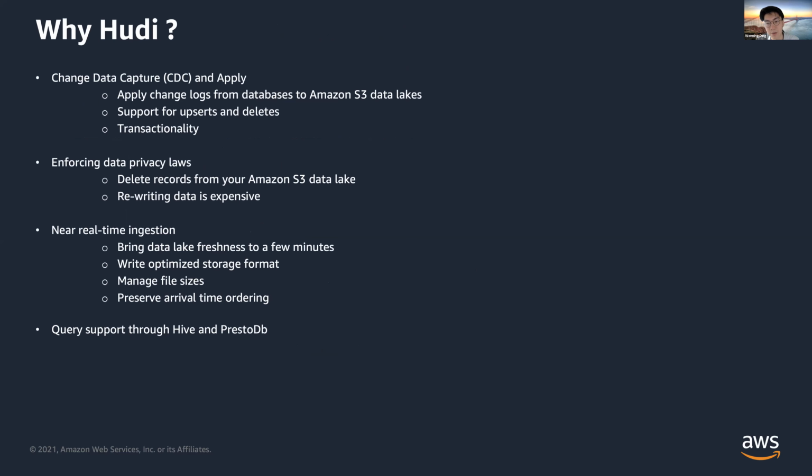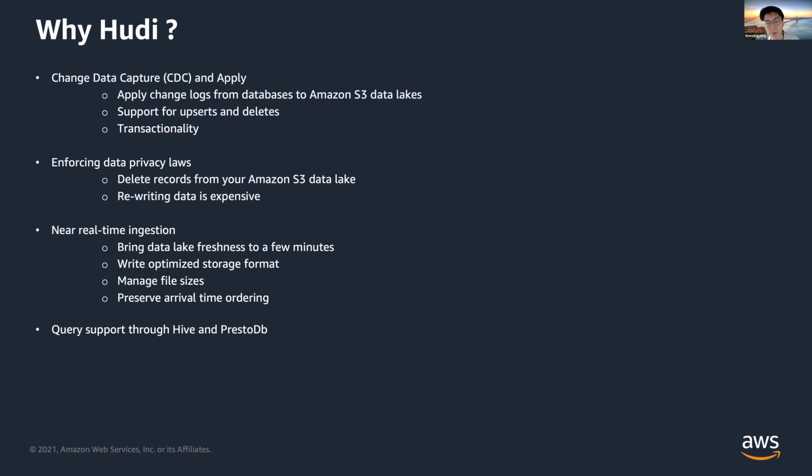Let's see how some of our customers do change data capture with EMR and Hudi. This is an example of how to capture changes to data from an upstream Amazon RDS for MySQL using AWS Database Migration Service, and then apply those changes to a dataset in Amazon S3 using Apache Hudi on EMR.